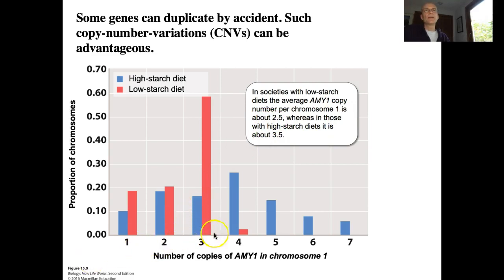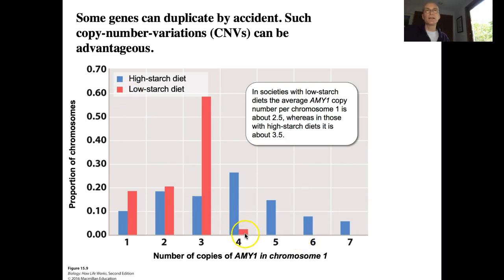In the proportion of the population with a high starch diet, there are some people that have as many as 5, 6, or 7 copies of this particular gene. So in high starch diets, it's much more frequent that you have more copies of AMY1, and in low starch diets it's much less frequent.